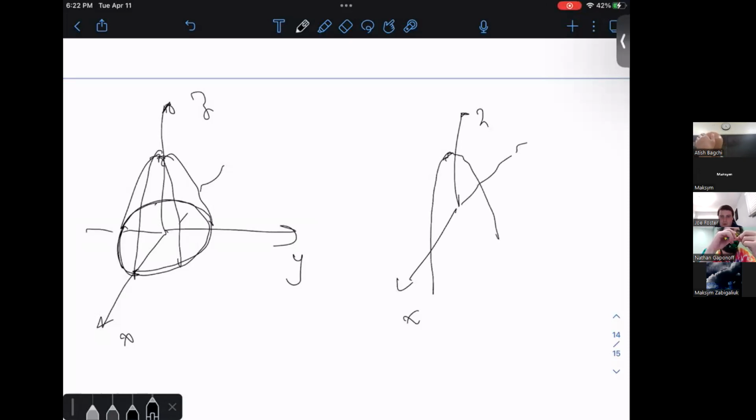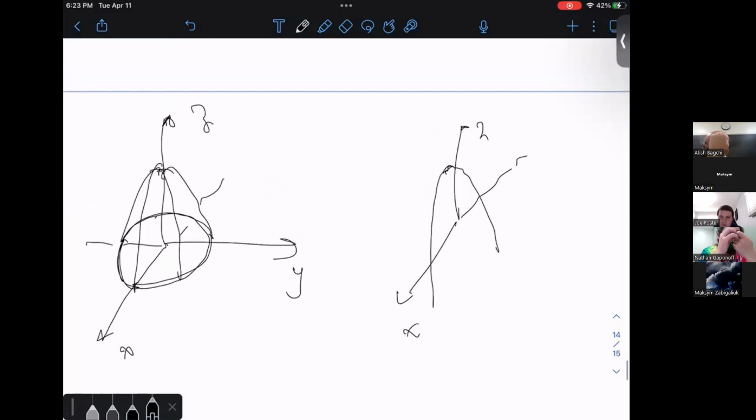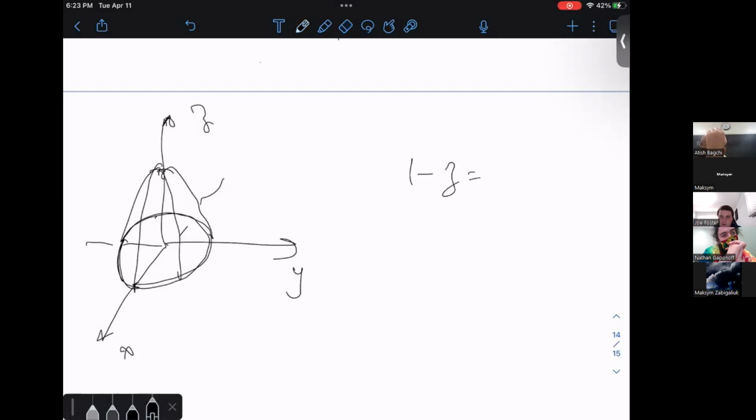that will be 1 minus z. First of all, let me see if this is correct. 1 minus z is equal to x squared plus y squared.